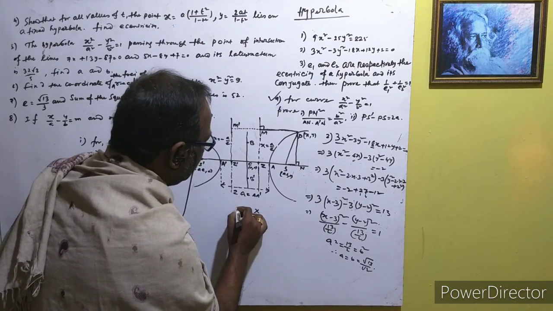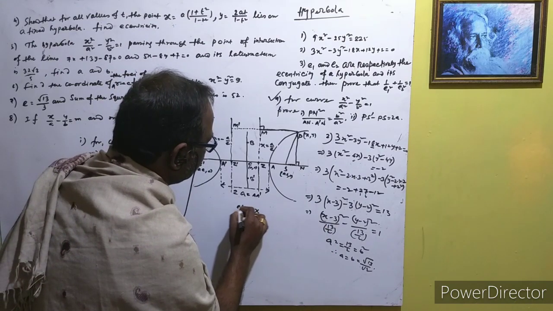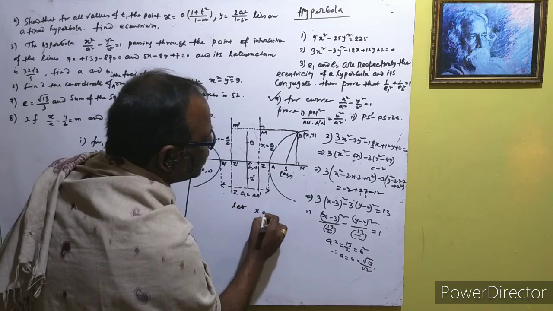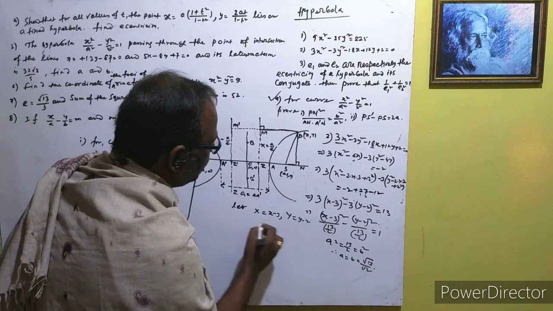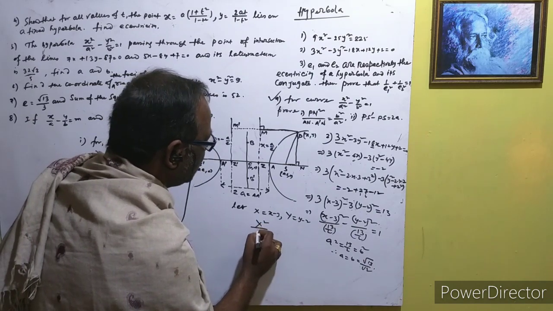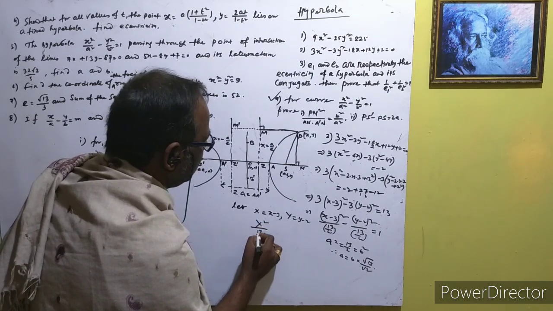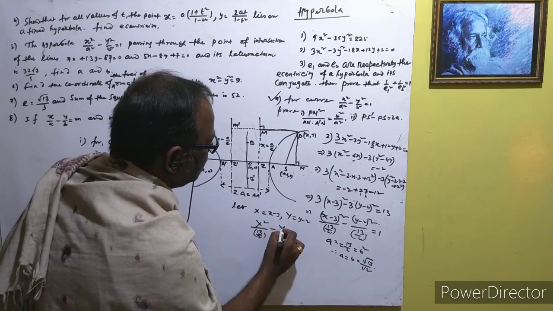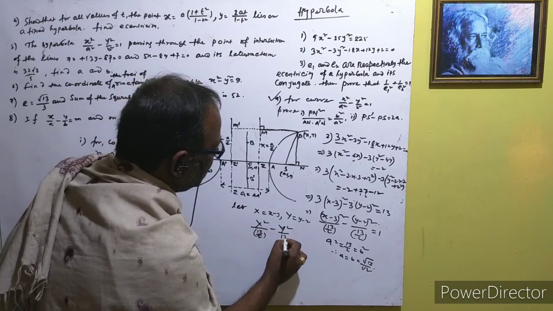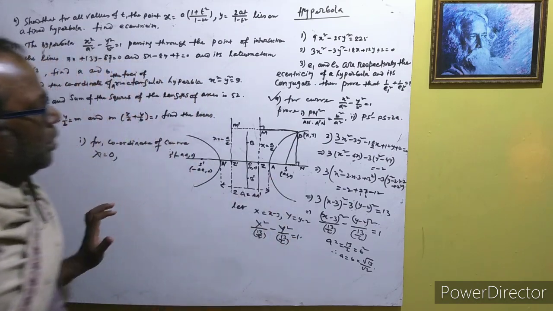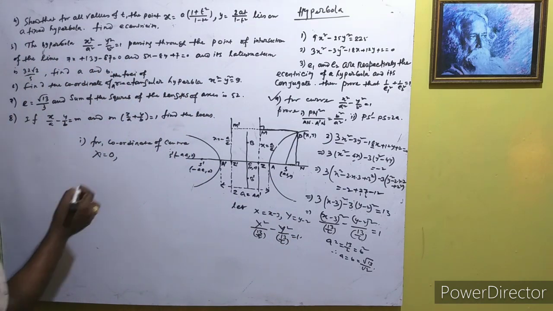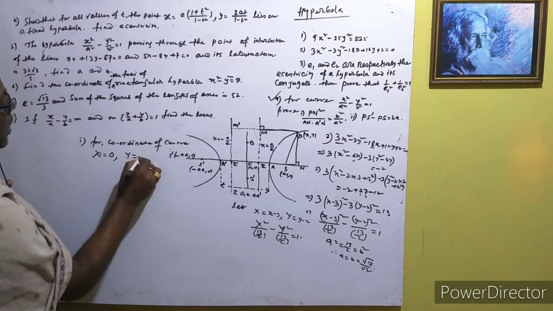Let capital X equal to x minus 3 and capital Y equal to y minus 2. So that's X square by 13 by 2 and Y square by 13 by 2 equal to 1. And see this X is 0 and Y is 0 here.